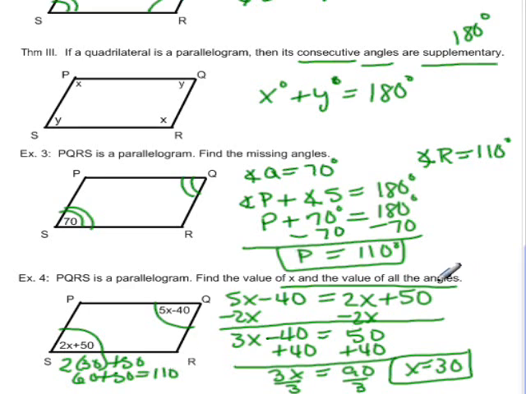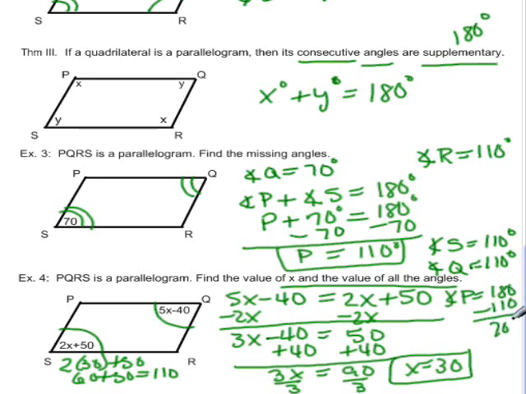So we know that angle S is equal to 110 and angle Q is equal to 110, and angle P is going to be 180 minus 110, which is 70 degrees, and if angle P is 70 degrees, then angle R is also 70 degrees. Okay, let's move on to the last theorem.